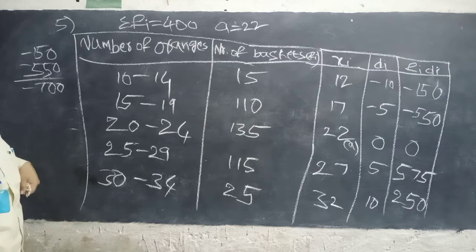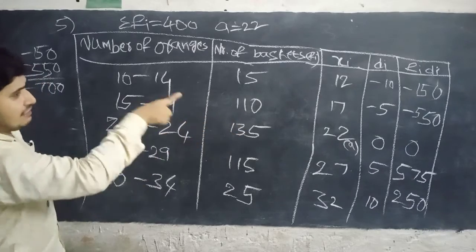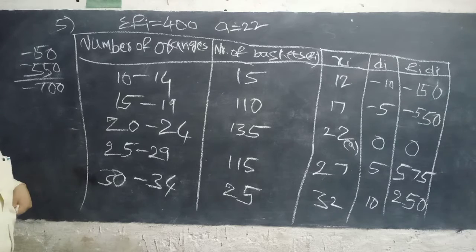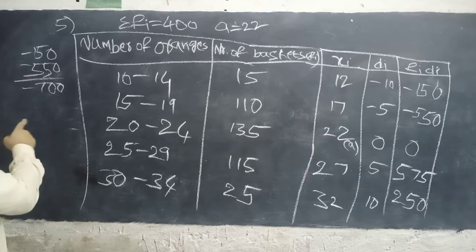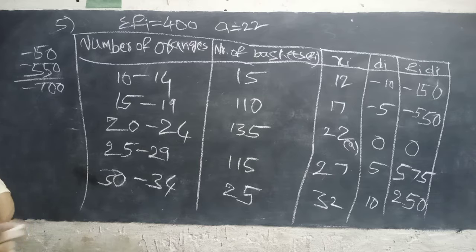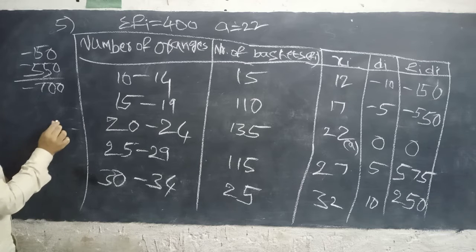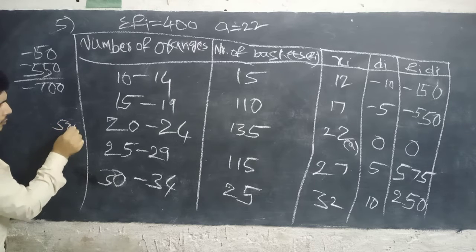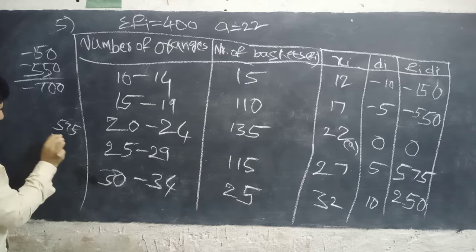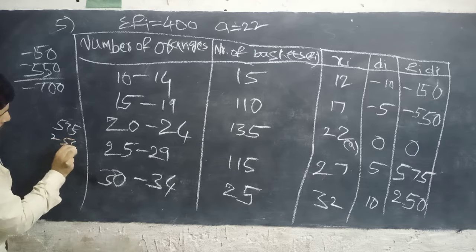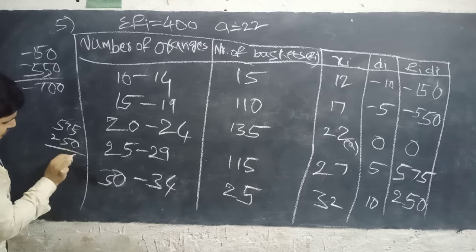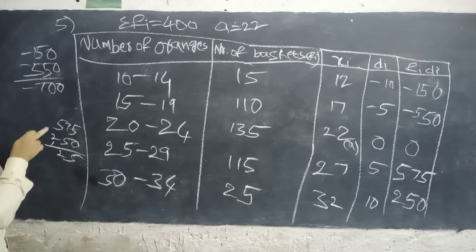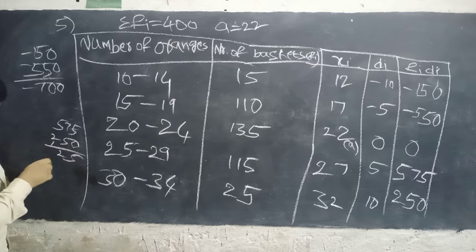Minus into minus, so we have to add. So minus 700, plus 0, minus 700. Now 575 plus 250 equal to what? 5 with 0, 5. 7 with 2, 7. On the side 8.